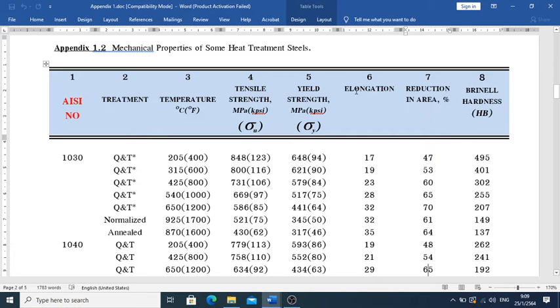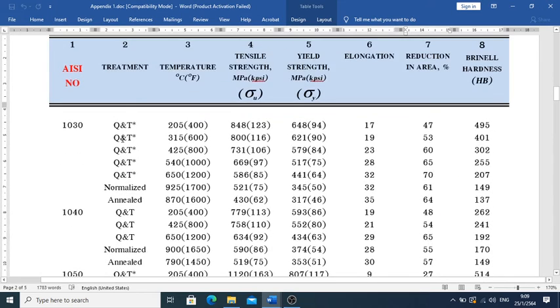The second column is what we have for the treatment, Q and T, the quench and temper. It means we heat it up and dip it into water or oil, things like that.